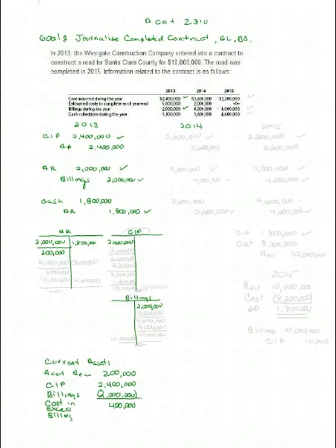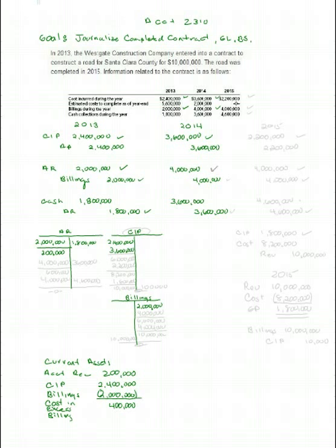How about you put this pencast on pause and you journalize the transactions for 2014, and then come back and show me how you do. Check out my journal entries. How did they compare? Let's quickly post them. Into construction in progress goes $3,600,000, and notice it has no profit, just construction costs.